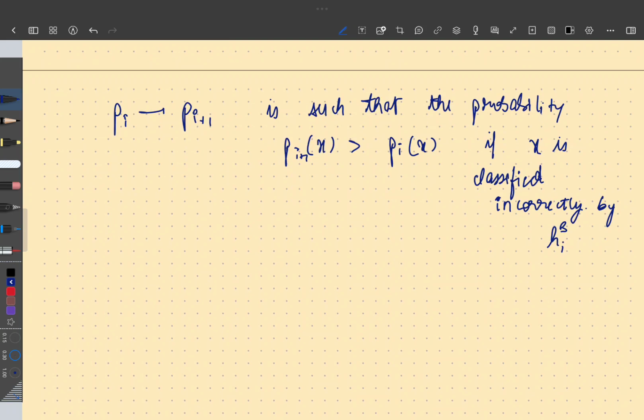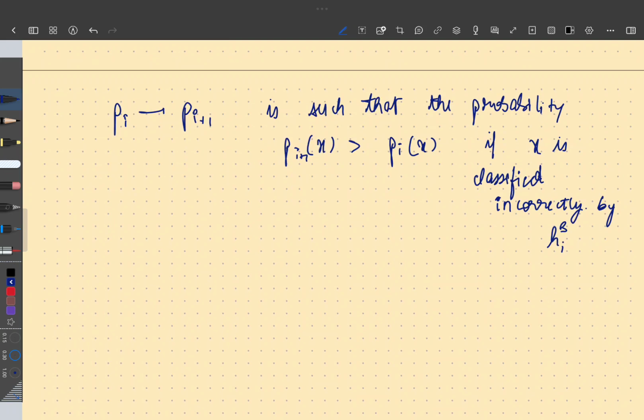what the boosting algorithm is trying to do: you're adaptively trying to find those samples which were wrongly classified by the previous classifier, and now you're trying to design a new classifier which does preferentially well over those samples. Suppose there's one sample x which was incorrectly classified by hi.